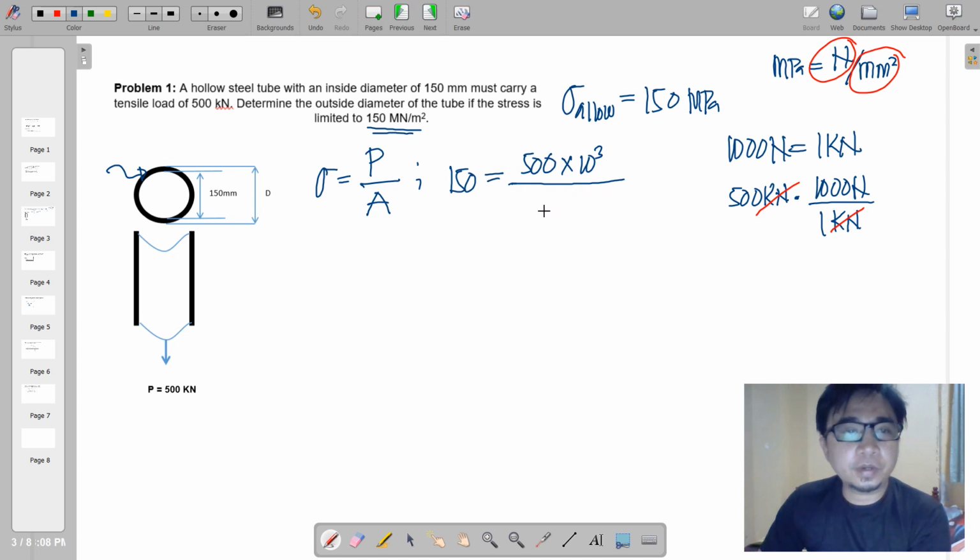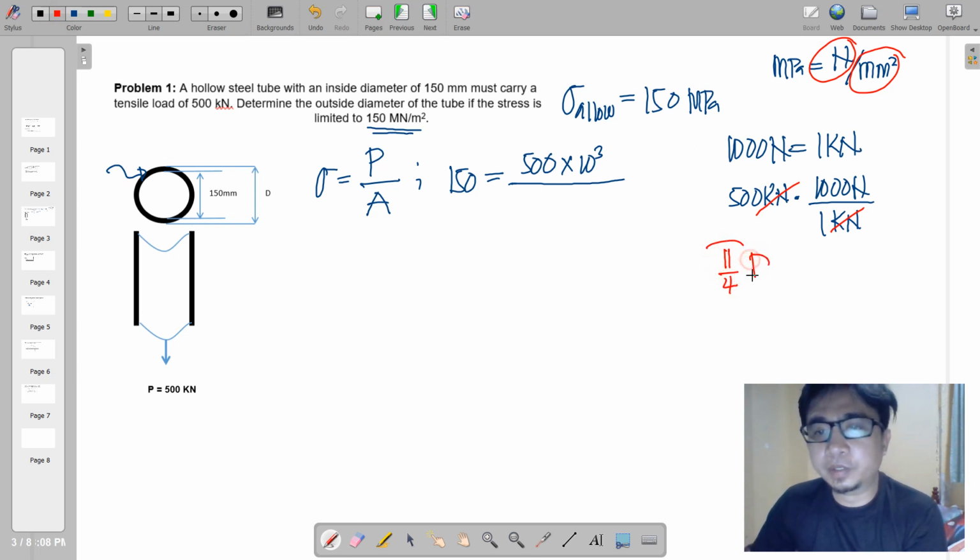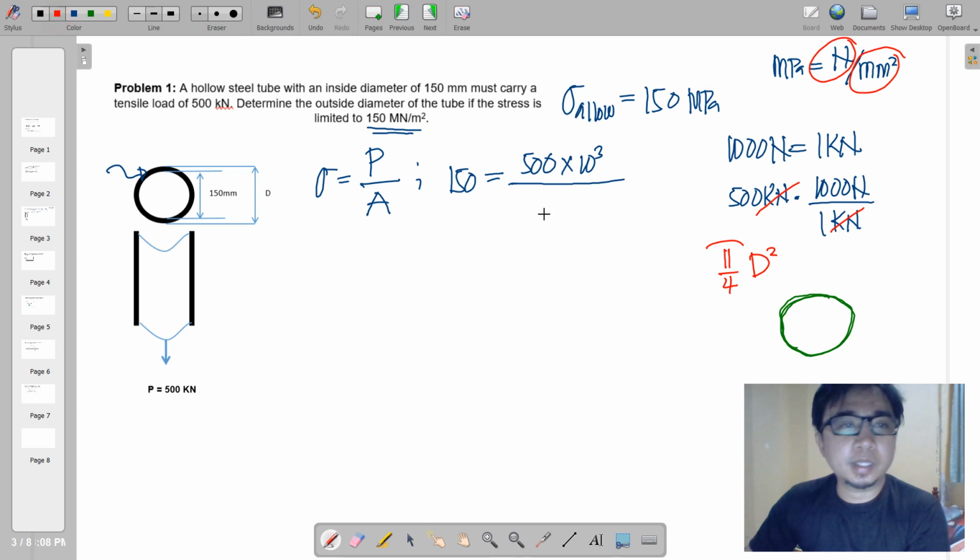And for the area, the area for a circular section is pi over 4 times the diameter squared. So in this case, we have a circular area and the smaller area here, and we'll be concerned with only this shaded portion.